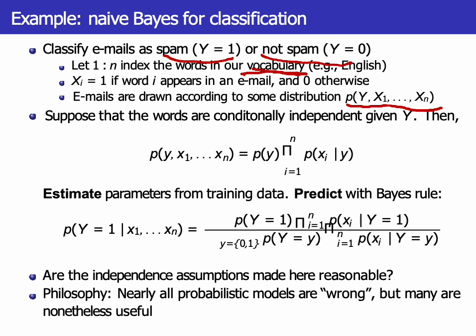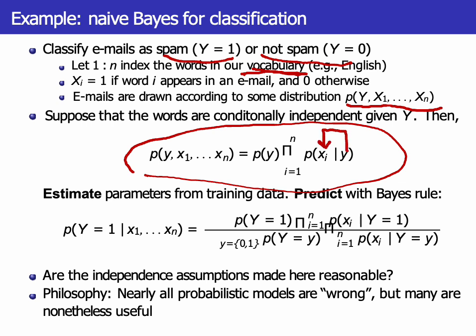Suppose the words are conditionally independent given y, then this can be represented as p(y) multiplied by, this is the chain rule, p(xi | y) and all multiplications. So estimate parameters from training data, and predict with Bayes rule.